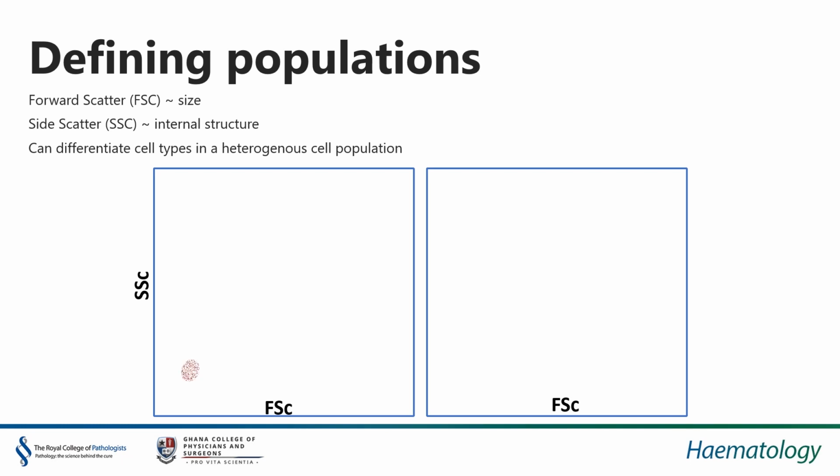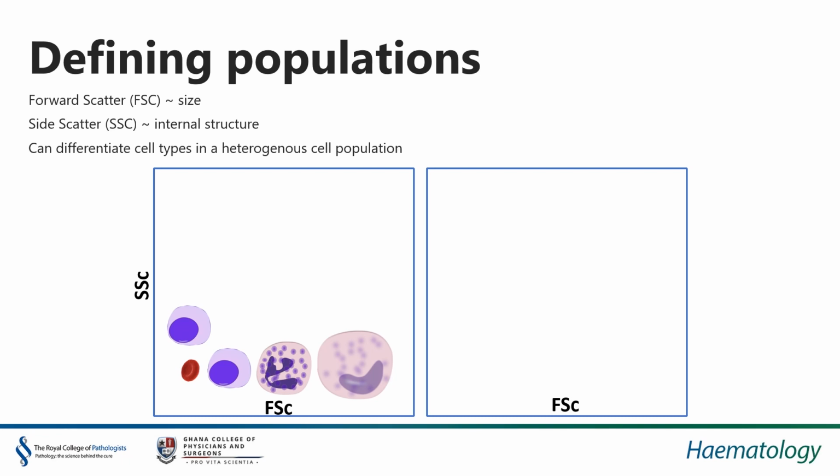So we've got here the red blood cell, which is our smallest cell, and if we look along the forward scatter, the size axis, we've then got our lymphocyte, followed by a neutrophil, followed by a monocyte. If this is our peripheral blood sample and we're looking at side scatter and we're looking at organelle content, we know that our red cells are the smallest with not much nuclear remnants in the cytoplasm.